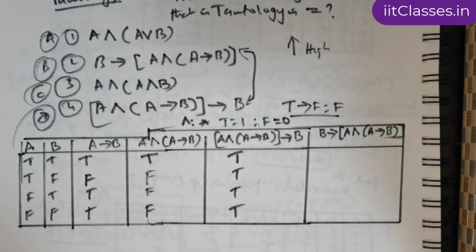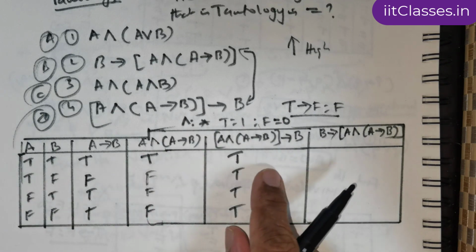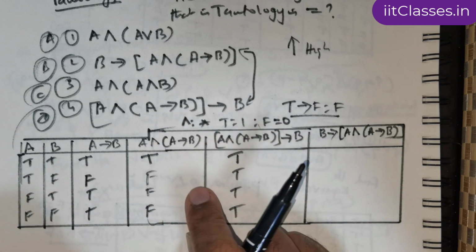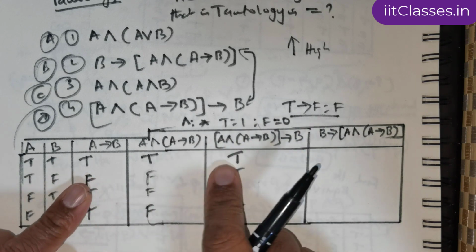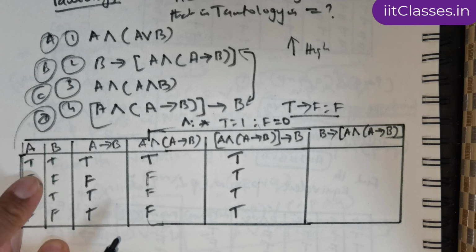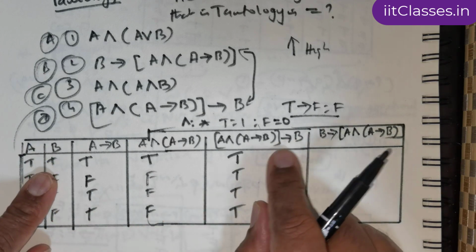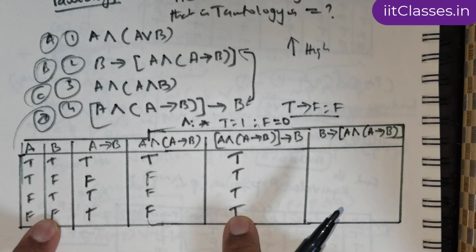is tautology, right? Now conversely, or on the contrary, instead of going from here to here, we will have to have the B column to be the leading column. So we will have to check if T going to F is there anyway.